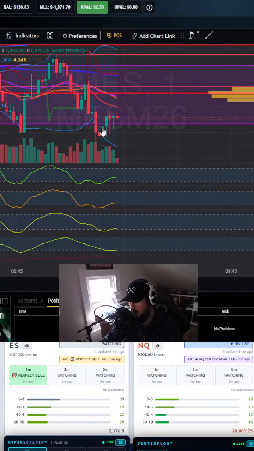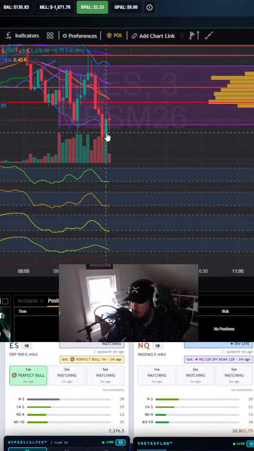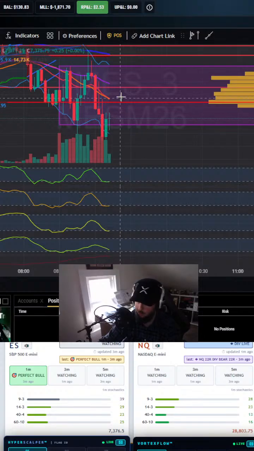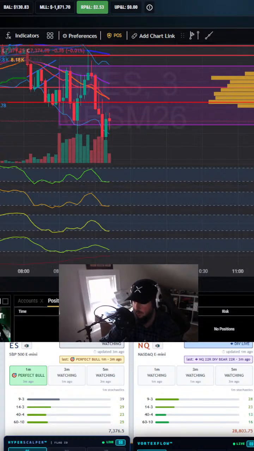What we really would have needed is a candle on the 3 minute. Like this green candle, if this would have just closed up here above the red candle, we would have had more than enough momentum to push through. Just like it did here, right? Red candle, green candle closed above, momentum to push all the way through.